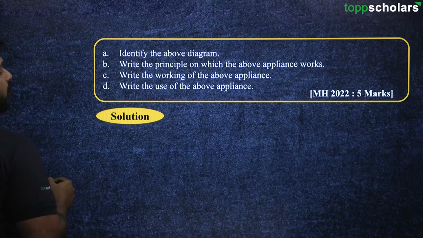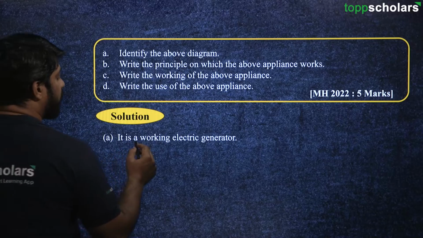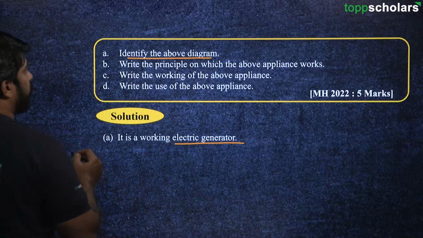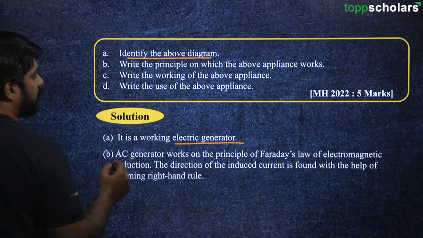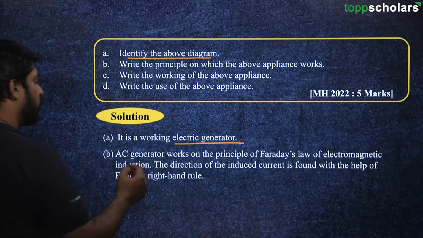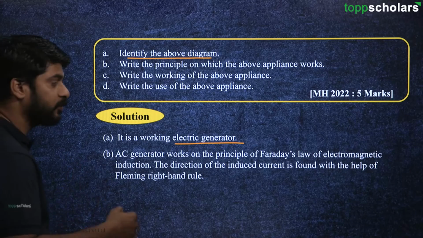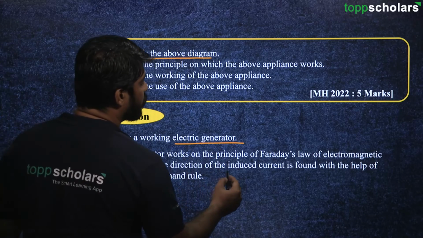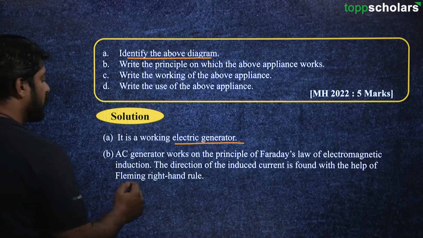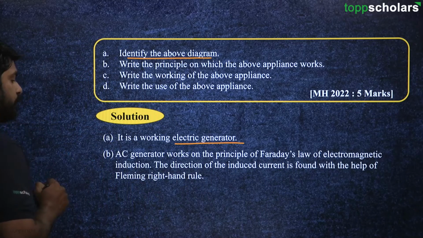First, it is the working of an electric generator. So this is the answer for the first question. Then second, an AC generator works on the principle of Faraday's law of electromagnetic induction, as we have discussed previously also.